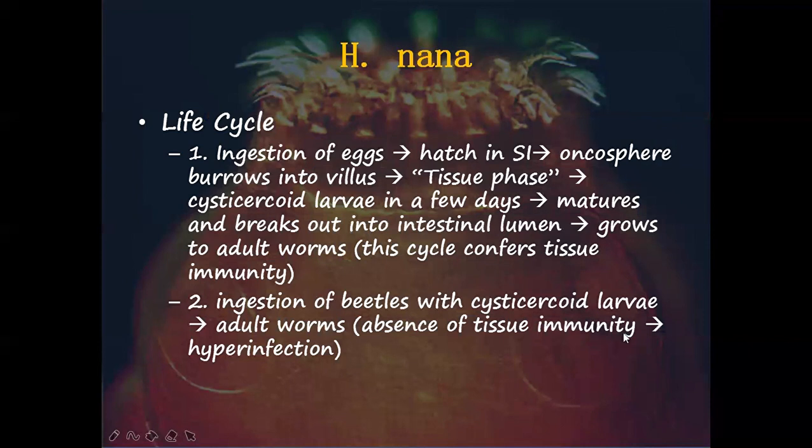And because there is no tissue immunity, this stage is prone to hyperinfection, meaning you can get infected by large numbers of H. nana if this is the mode of transmission, or this is the life cycle that happens to you.